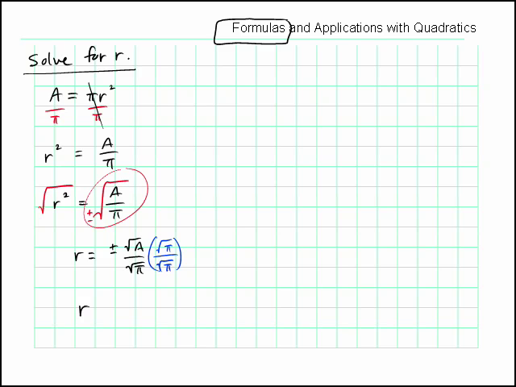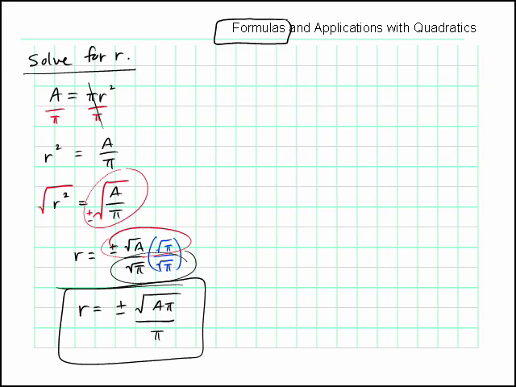R equals plus or minus the numerator multiplied together is the square root of A pi over the denominator, square root pi times square root pi is just pi. And we have our formula solved for r, just like that.